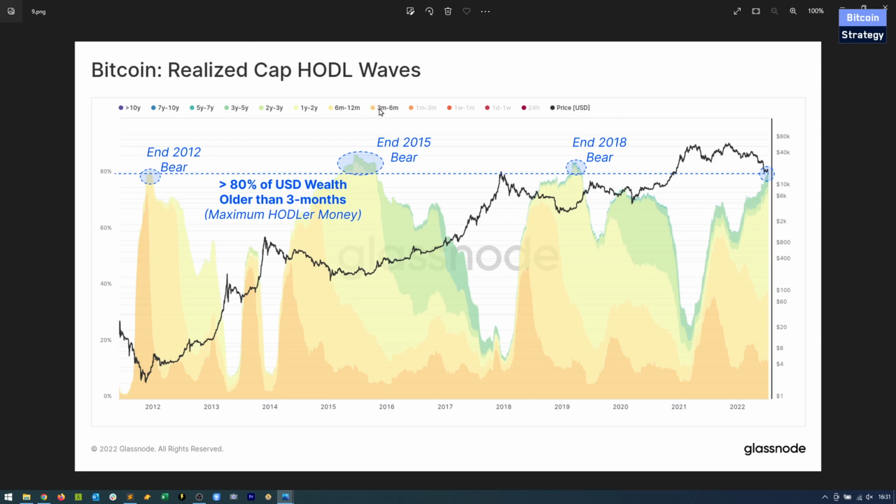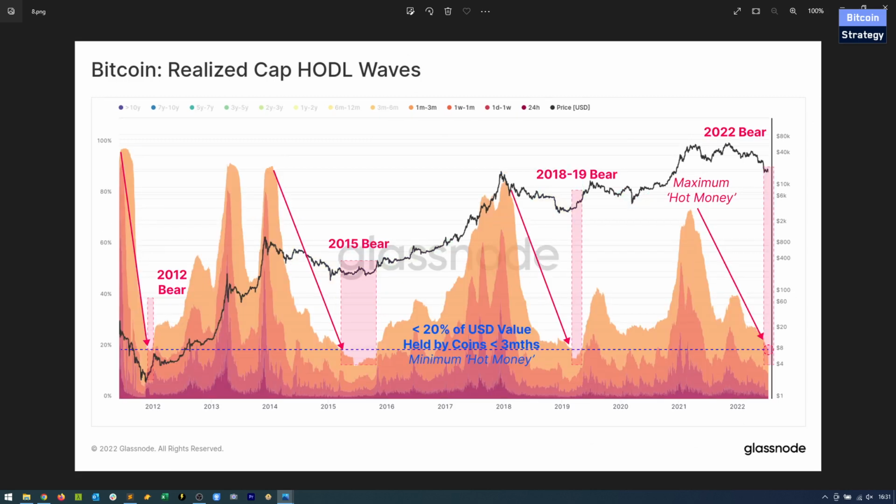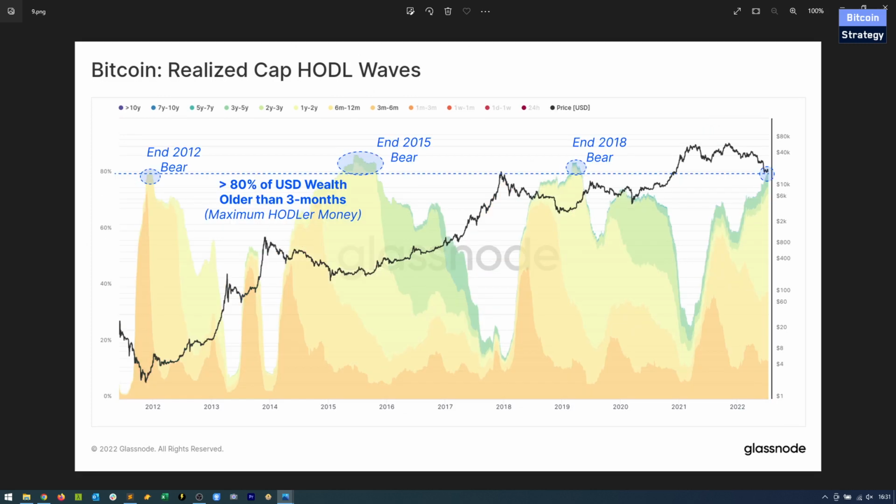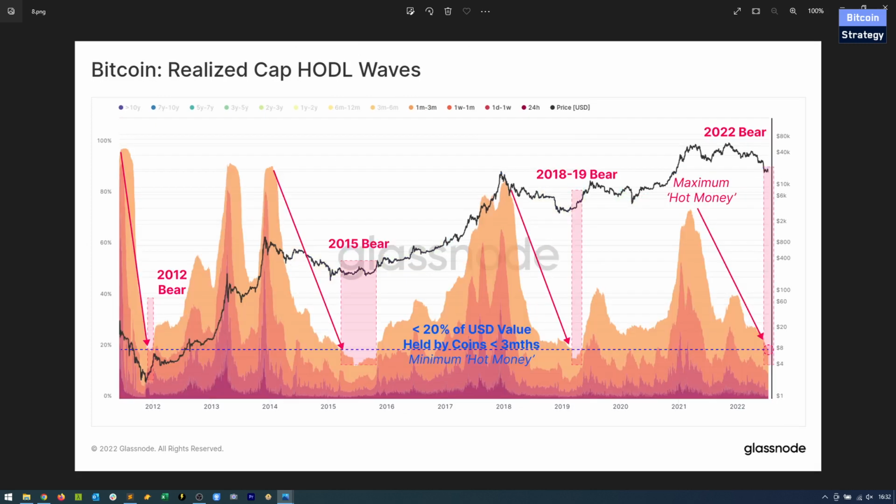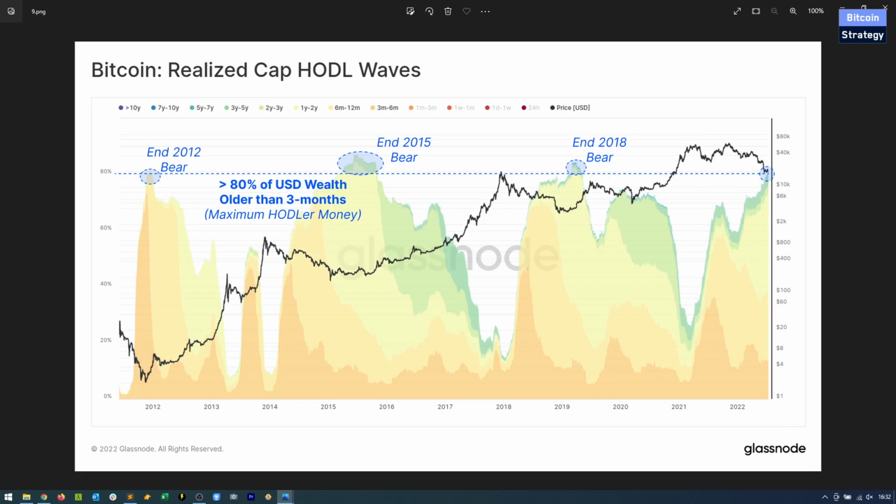So from 6 months to 10 years, we see this tends to be pretty high during bear markets. Again, we're pretty high. So that's good for Bitcoin. This is simply just the inverse of that chart, right? Look at this. These charts, they're simply just inverted to one another. You want to be buying when all the short-term speculation, when all the hype is flushed out of the market. And that's what's currently the state according to on-chain data.